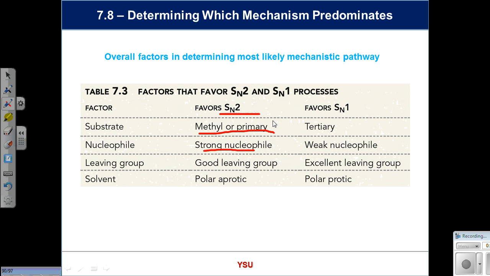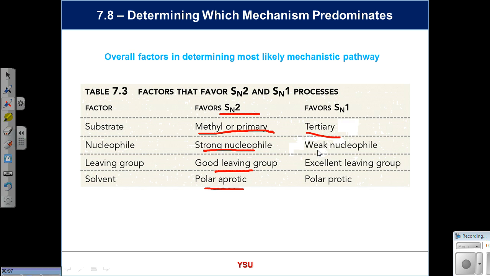It's going to go in, do its business, and it's done. It's going to form a bond and then kick out the leaving group. The type of leaving group needs to be good to facilitate a fast reaction in the SN2, and you want a polar aprotic solvent so that you don't slow things down. You don't stabilize things necessarily. For the SN1, typically it's tertiary and some of the better secondary systems.